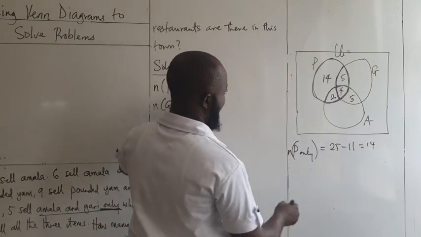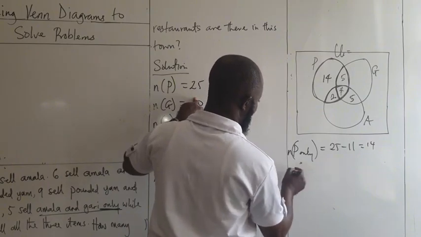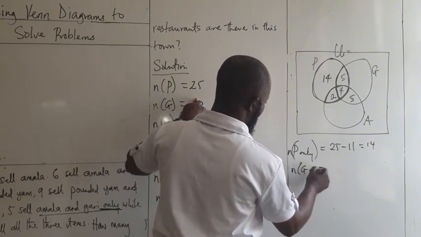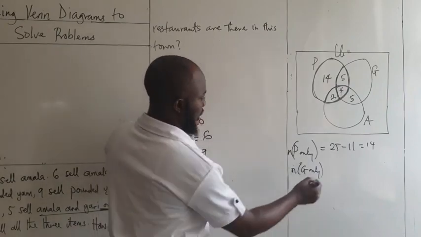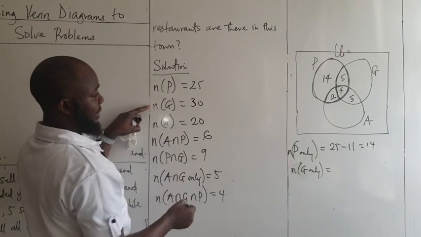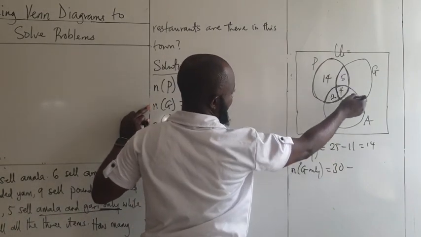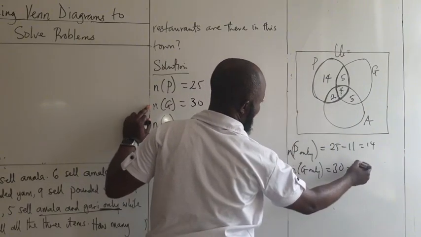So this place is 14. Then for G only, the total of G is 30. So that means 30 minus 5 plus 4 plus 5, which becomes 14 as well.